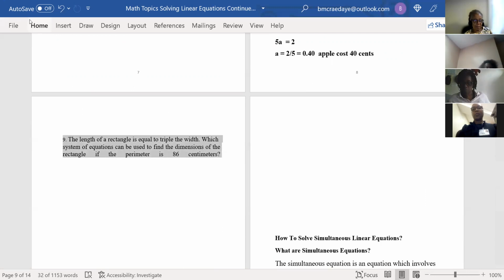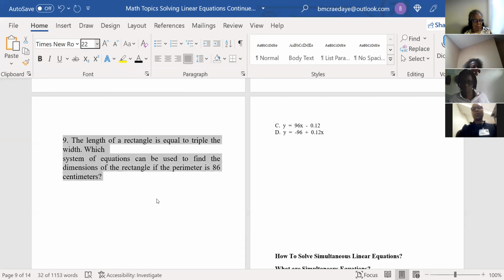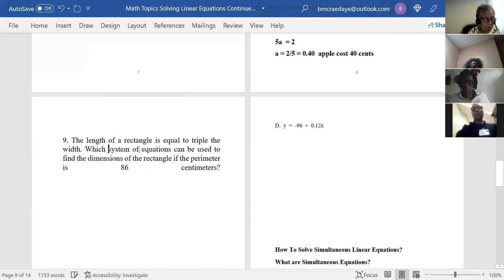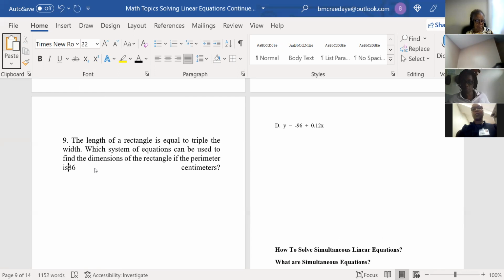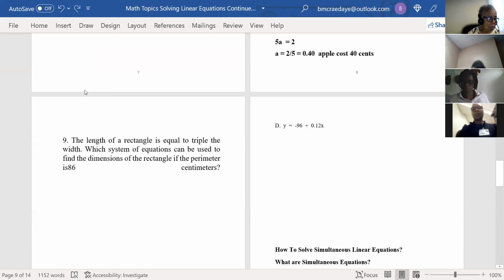Okay, so we want to find the equations that can be used to find the dimensions of a rectangle if the perimeter is 86 centimeters.